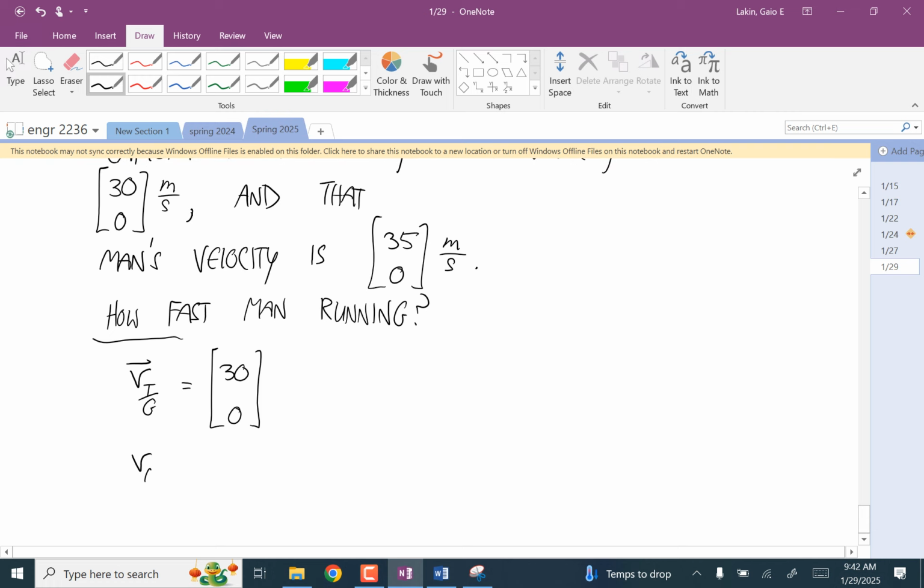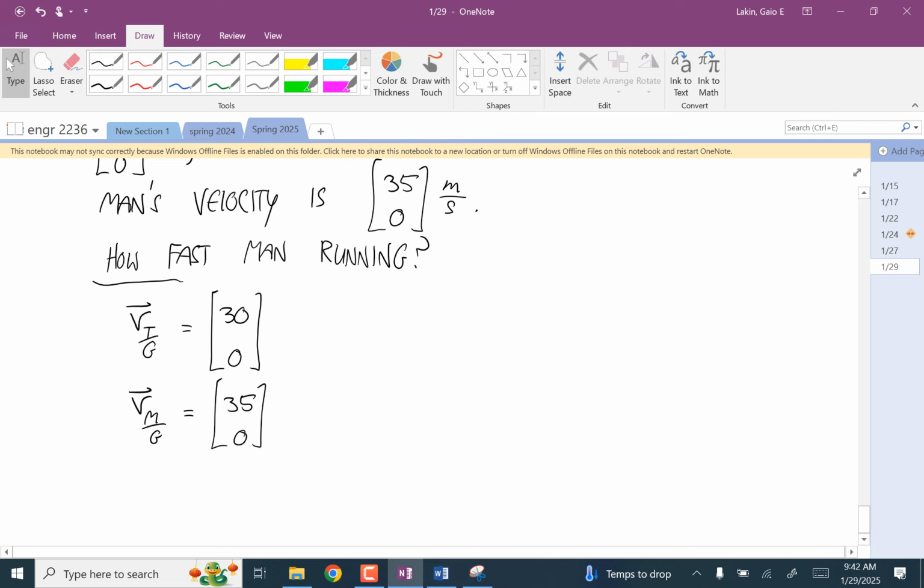The velocity of the man relative to the ground is 35, 0. And we want to calculate the velocity of the man relative to the train.